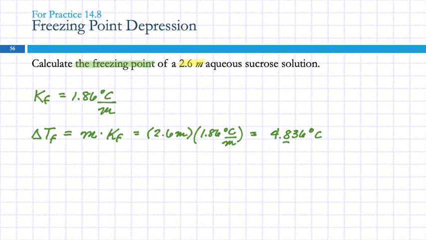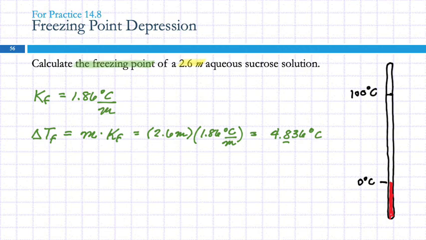So if we think of a thermometer, let's see if I can draw a decent thermometer. So if that's 0 degrees Celsius, and up here's the boiling point of water, this tells me that the freezing point has gone down 4.8 degrees Celsius.